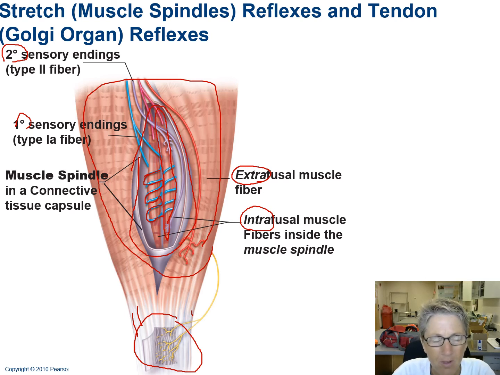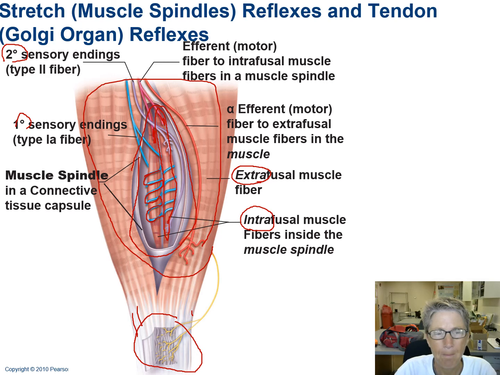And then the secondary sensory endings detect what happens at the end of the intrafusal fiber. Sorry, the secondary endings are these purple things, and they come around and innervate at the ends of the intrafusal muscle fiber.